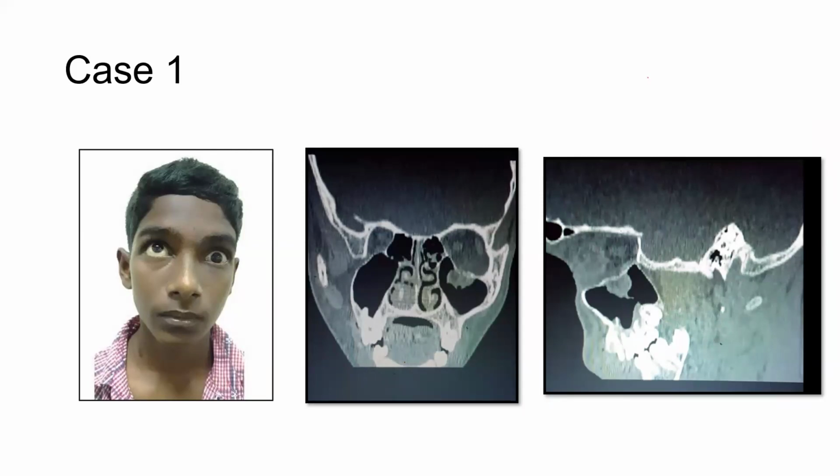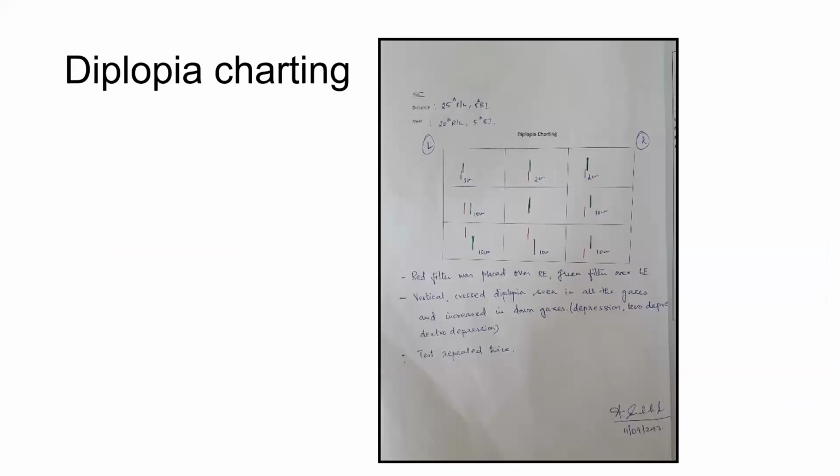You can see a very significant trapdoor fracture on the floor of the orbit, restricted eye movements, diplopia in all gazes is what we need. So we did a CT examination, and diplopia charting shows he has diplopia in all gazes.